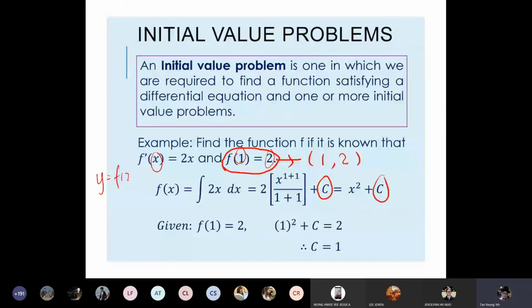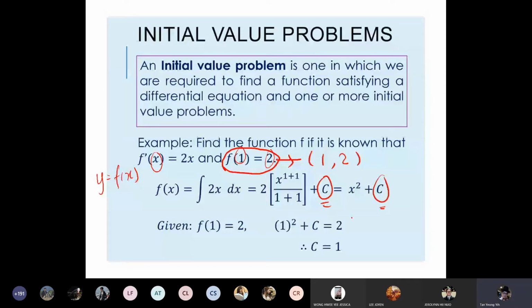Now we can find the value of C when we are given 1 point. So in this question, where the X is 1 and the Y is 2, we substitute the 1 here. The X here is 1, and it equals Y, 2.